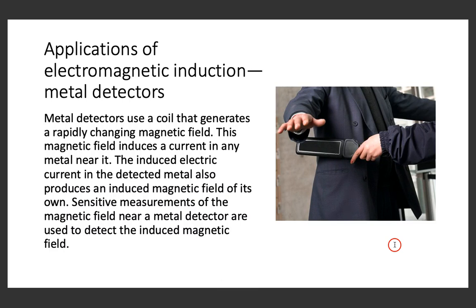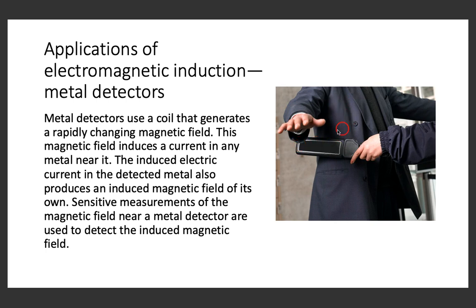Now, metal detectors, it turns out, also use this principle of electromagnetic induction. So here's how a metal detector works. There's a coil inside the metal detector that generates a rapidly changing magnetic field. And so that rapidly changing magnetic field is going to induce a current in any metal that's near it.